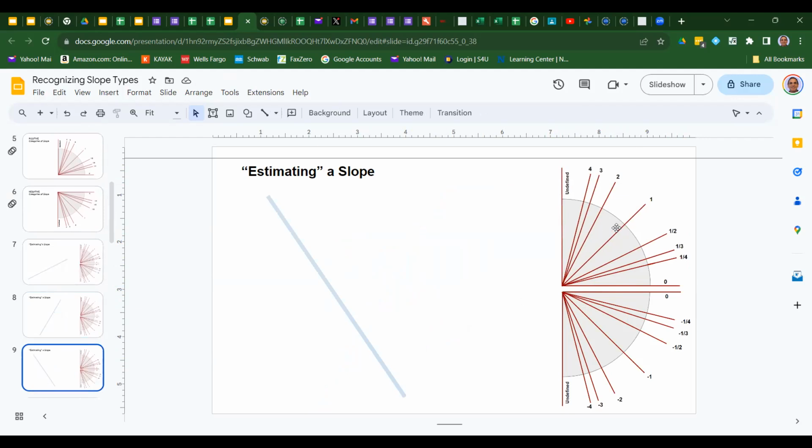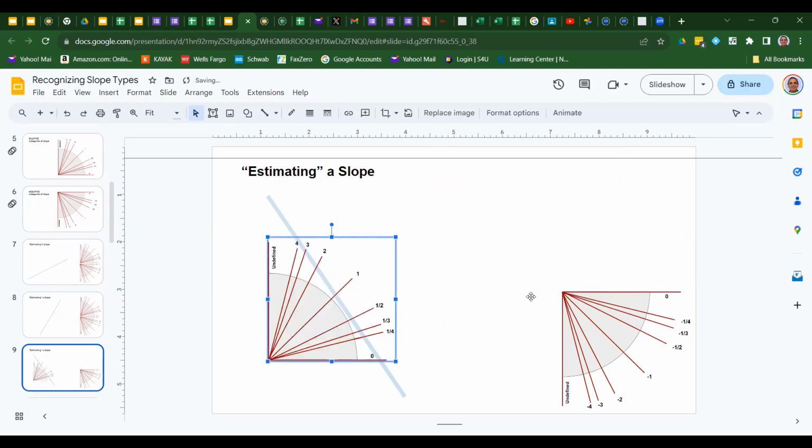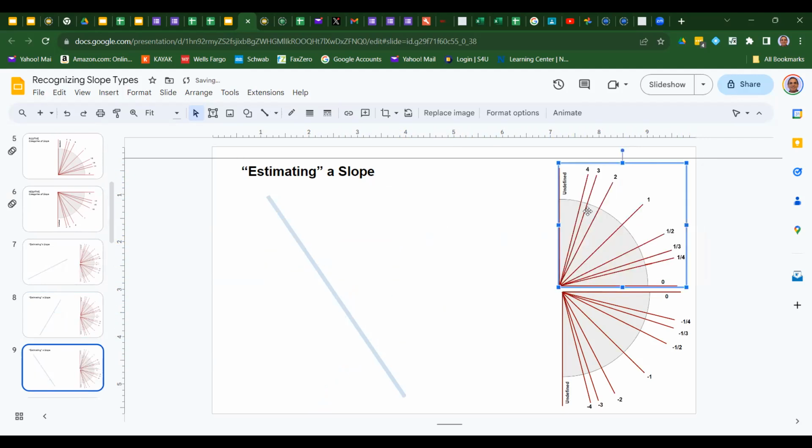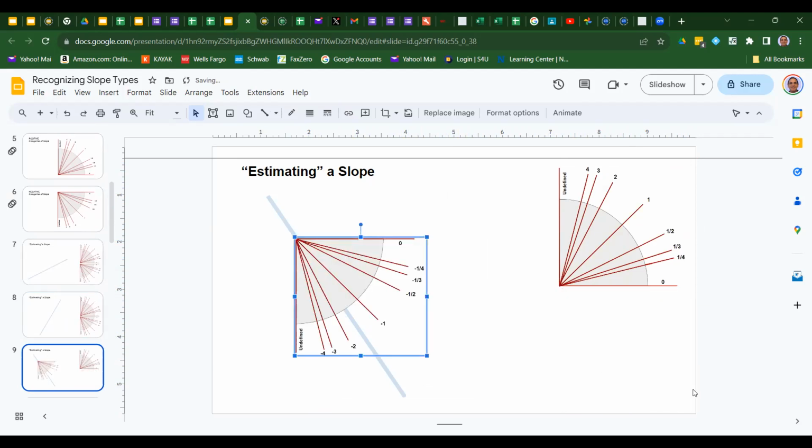Now, let's try to use that positive gauge again. And we could see that that doesn't really work for us in this case. We need the negative gauge. So I grab that one and I put that upper left-hand corner on the line. And we can see that this slope is between -1 and -2.